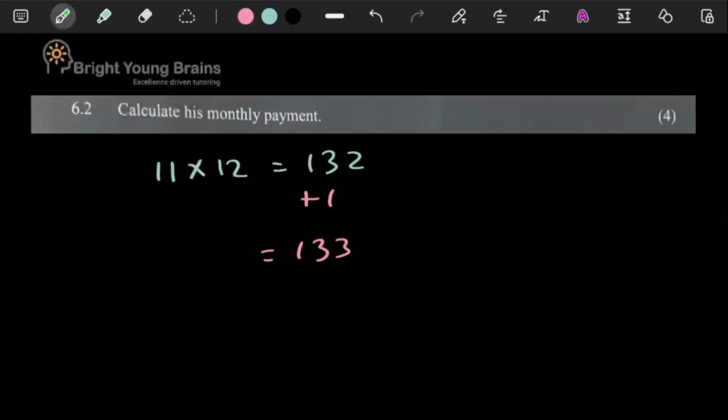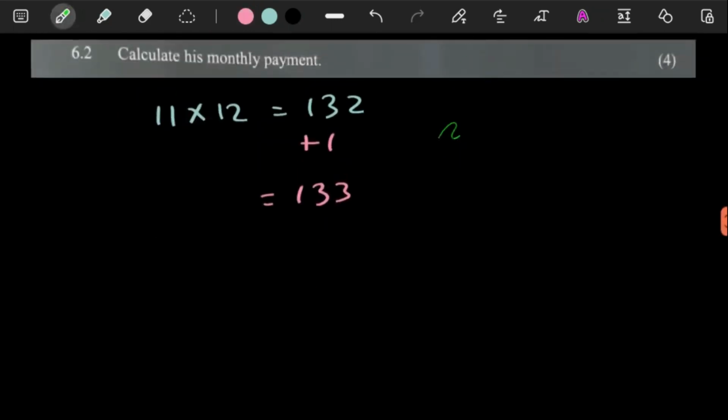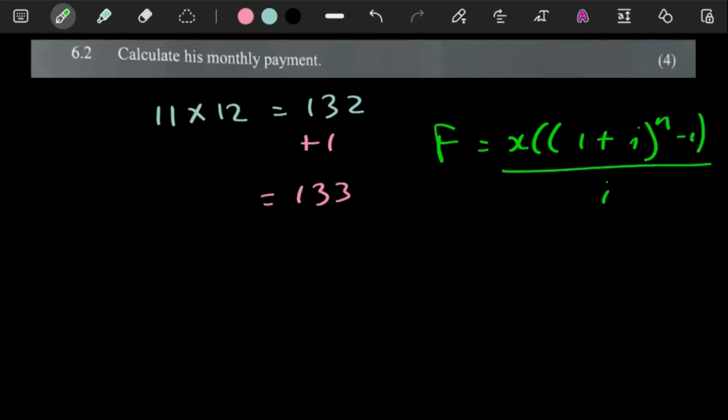So what we know in this situation is that F is equal to x times (1 plus i to the power of n, minus 1), the whole thing over i. Since we're looking for x, we can make x the subject of the formula.